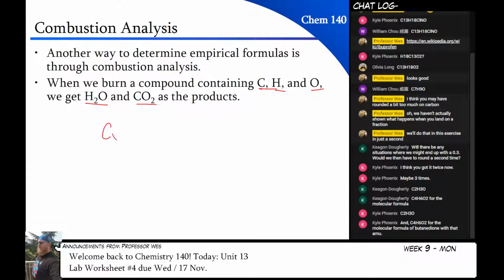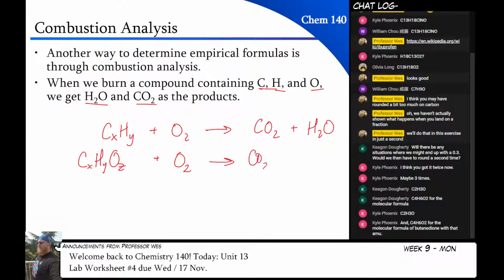So if you have a hydrocarbon, which is just C's and H's, and you burn it with oxygen, you always get this. Likewise, if you have a carbohydrate, you get the same result.